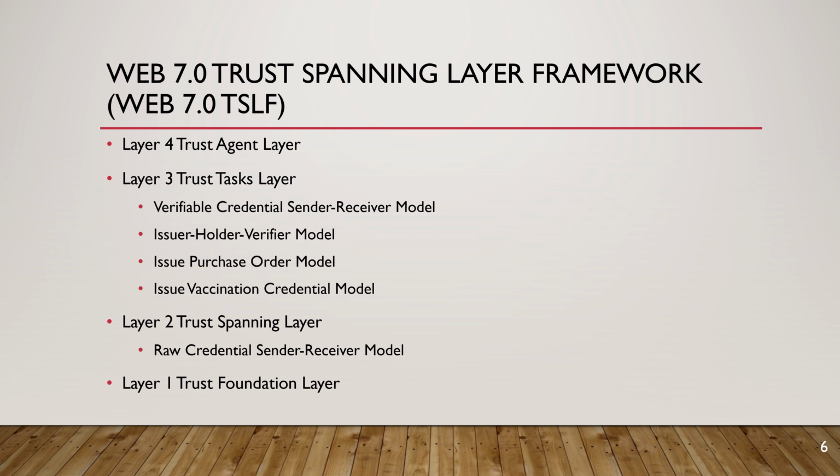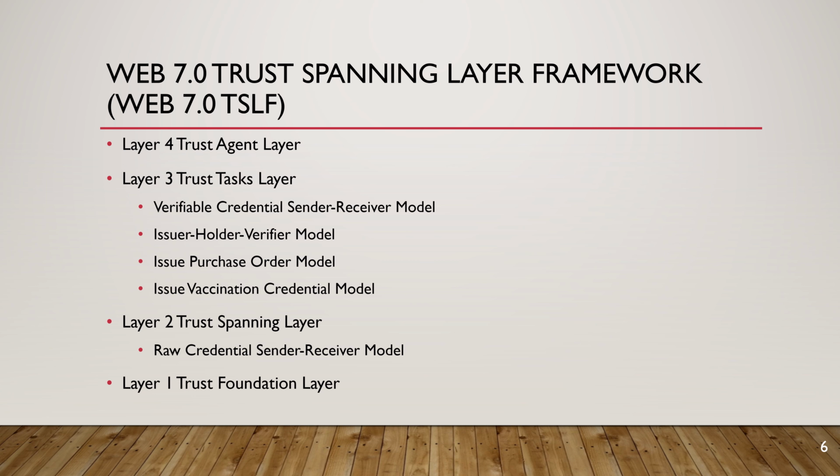In this particular presentation, we're going to drill down a little bit more into the layer 2 trust spanning layer and the layer 3 trust task layer to talk about credential sender receiver models. We're going to start with layer 2 and the raw credential sender receiver model. Provide a definition for raw credentials and illustrate what the raw credential sender receiver model is all about.